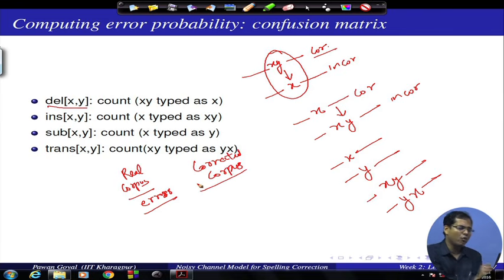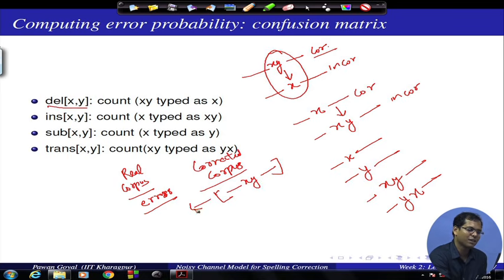Now, how will I use these 2 different corpora to find out the probability of deletion xy? I will say how many times do I see in my corrected corpus a word containing the bigram xy for which the corresponding word in my actual real corpus had only x. That means actually the word should have had xy, but it was written as x.